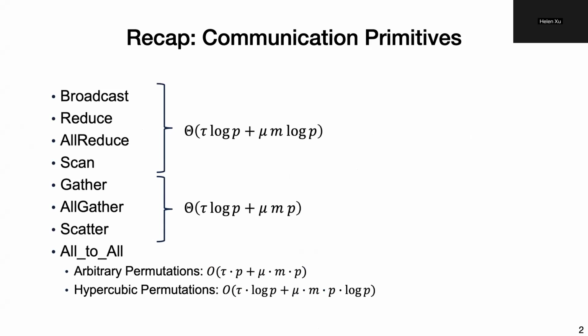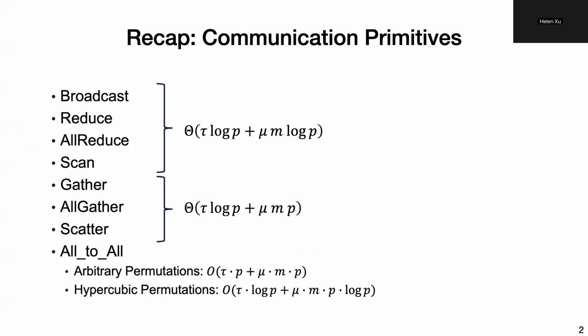To recap, we're going to be using these communication primitives to design the algorithms. We have broadcast, reduce, and all reduce. Broadcast is you have one thing and everybody needs to get the one thing. Reduce is everybody has something and they need to aggregate it onto one processor. All reduce is everybody has something and they all need to get the aggregation. And scan is like prefix sum.